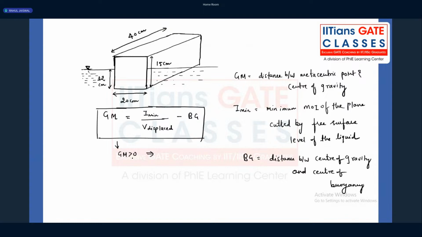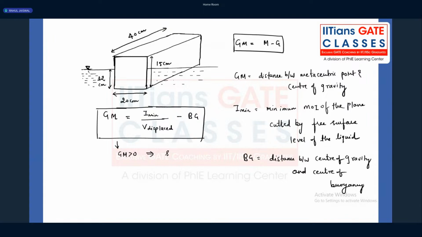M should always be above the point G. GM is the distance M minus G. All of you understanding? Please confirm. M must be above G, right?